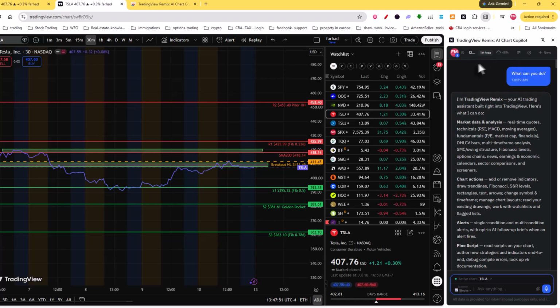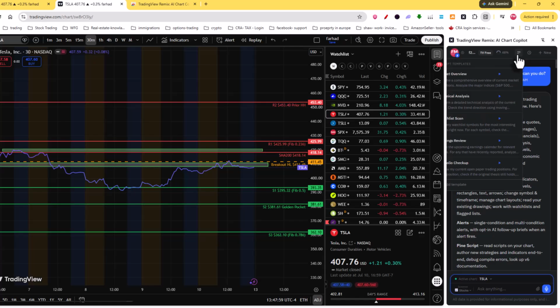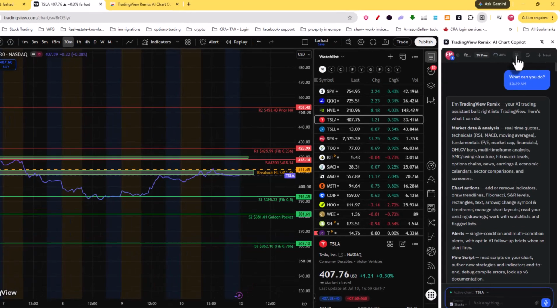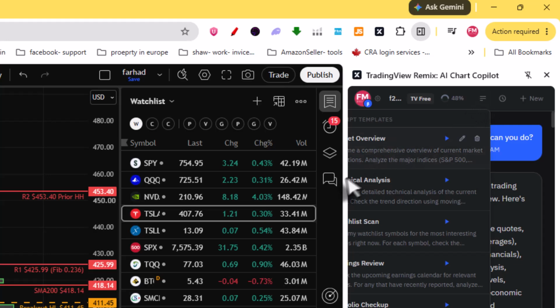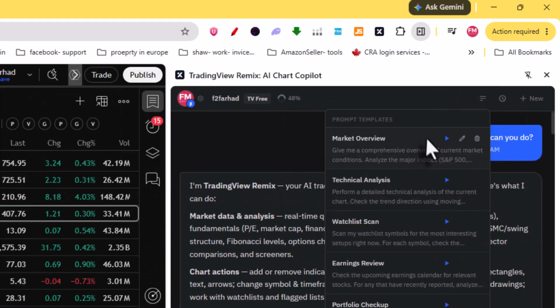So if you want to try to strategize this prompt, there are these three lines here, basically a hamburger menu. You can actually go create your own prompt. It's already pre-created. I made some changes here already. You can go and create your prompt and say, let's say you are a VWAP trader, right?